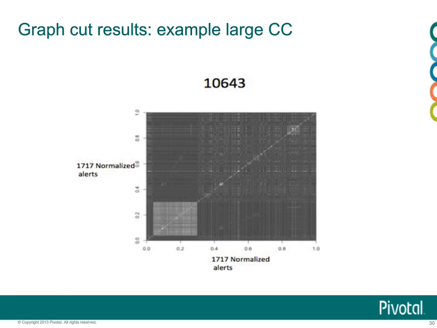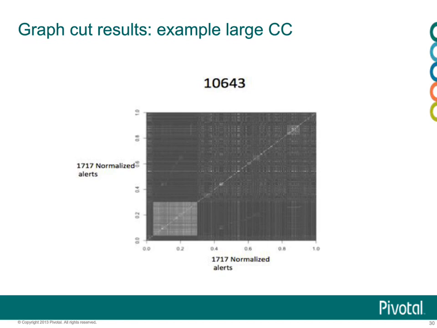So you can see in the bottom left corner of the picture that there is a group of alerts that are very similar within themselves but less similar to the rest of the alerts. So you could break this large connected component into further meaningful smaller clusters. So that's what this graph partitioning algorithm does.